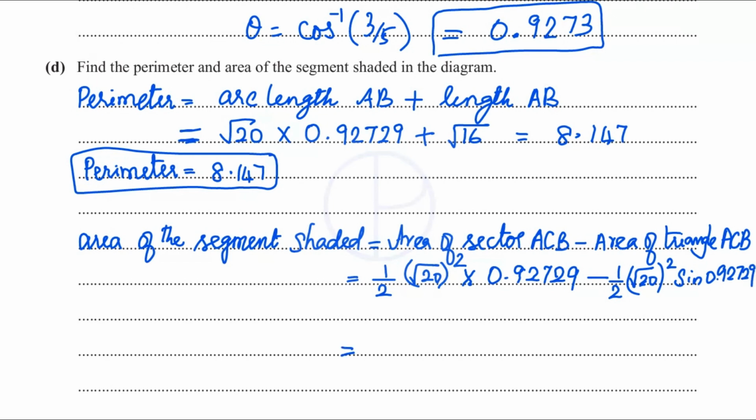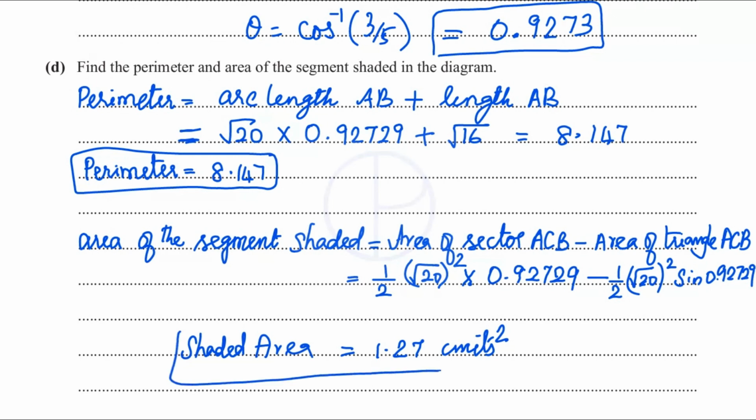On simplifying this expression, we get the value as 1.27. So the area of the shaded segment is 1.27 square units.